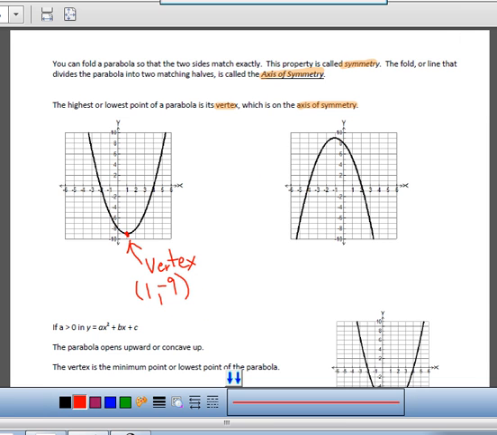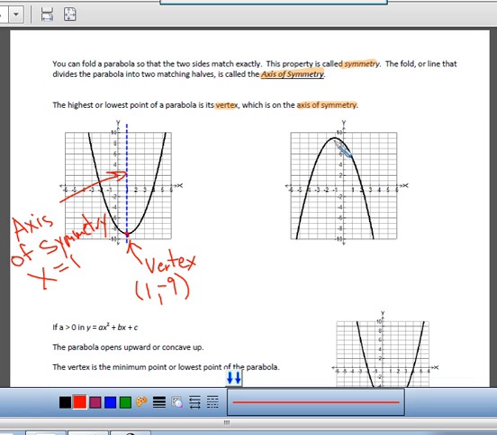So when I'm looking at the axis of symmetry, which goes right through there, axis of symmetry, that is the line x equals 1.